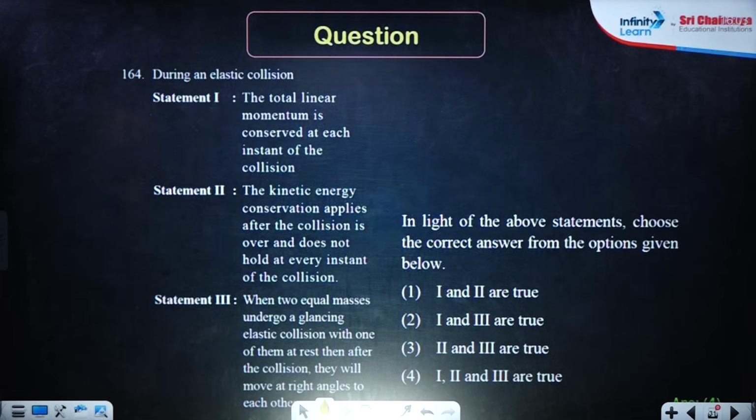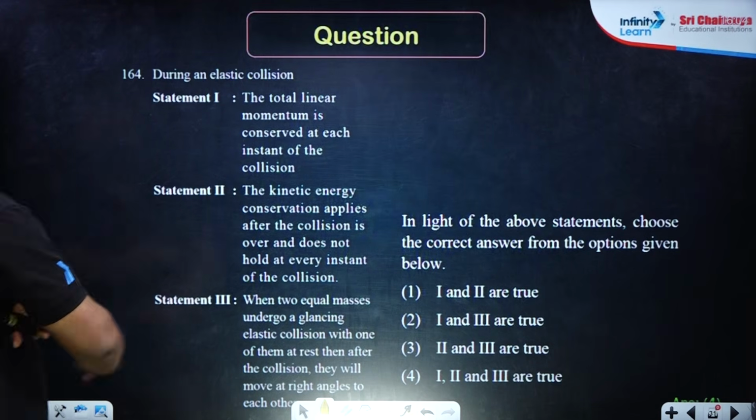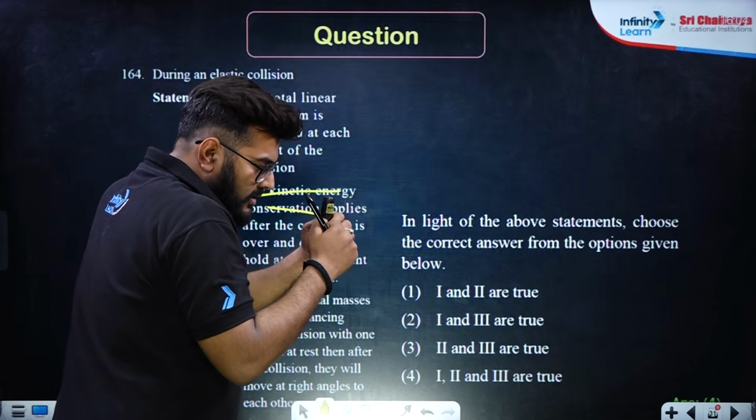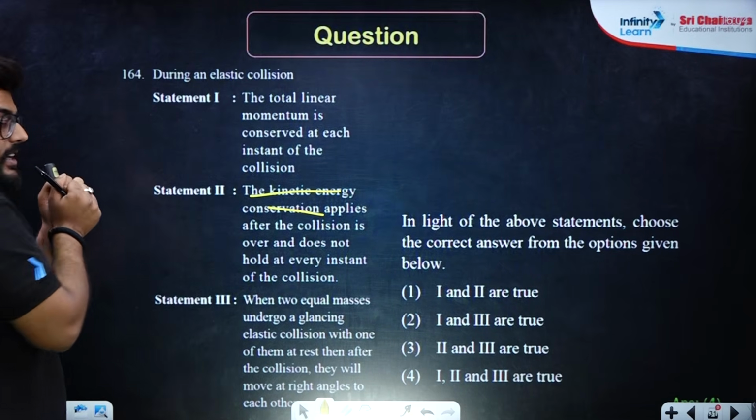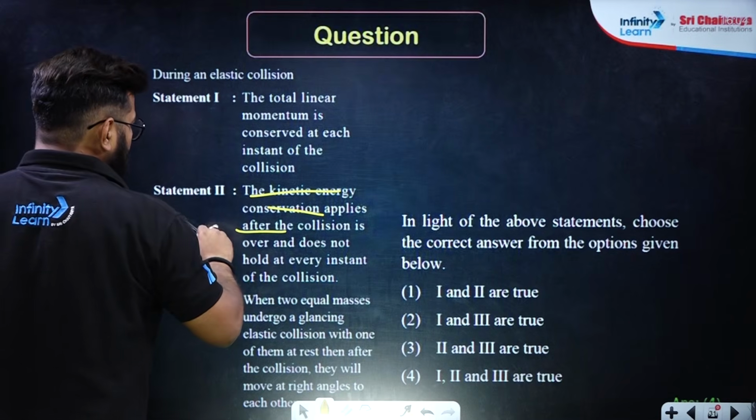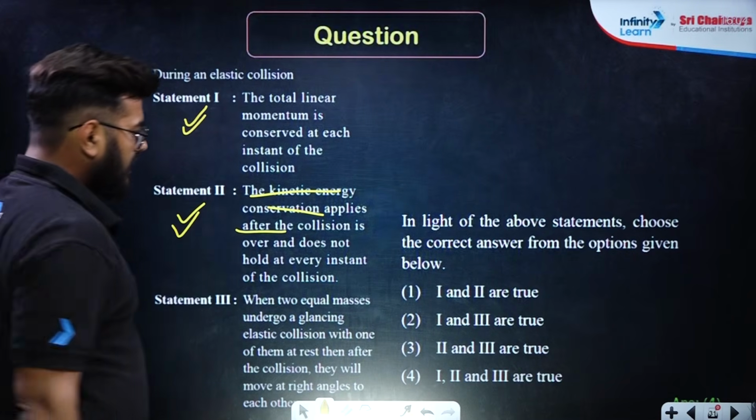Okay, the total linear momentum is conserved at each instant of collision. The kinetic energy conservation applies after the collision is over and does not hold at every instant of the collision. This is absolutely correct, because when they are colliding, there occurs a moment when they compress each other, so kinetic energy gets converted to potential energy. So 1 and 2 are correct.